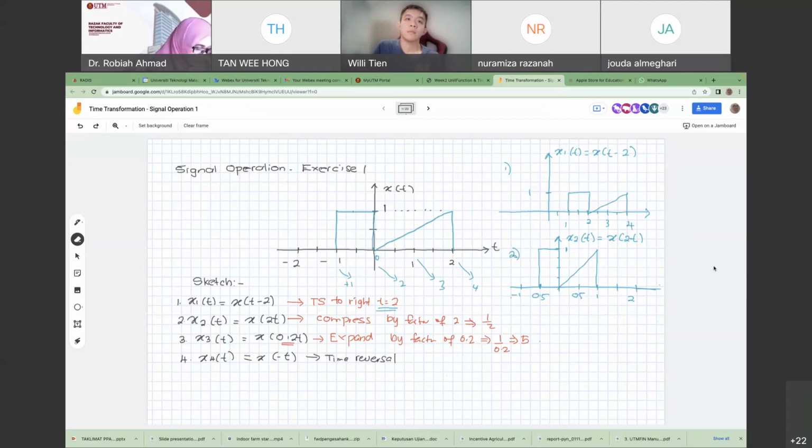Semua tak saya nak buat ni. So 1 will be expanded 5 times. So sini 1. So will be expanded 5 times. So saya buat di sini. Cukup. So for number 3, it's 5.